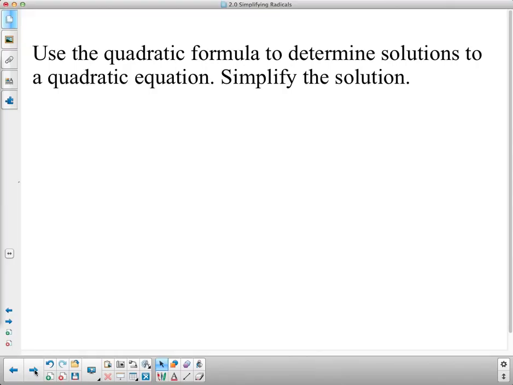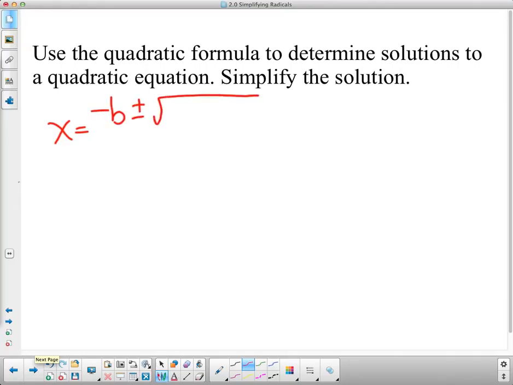Write it down. I know some of you are running out of paper that I gave you. You might need to add your own paper now. I'll write it up here. It was x equals the opposite of b plus and minus the square root of b squared minus 4 times a times c, all over 2a.